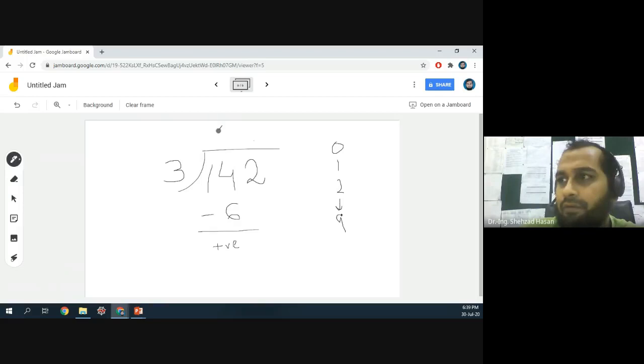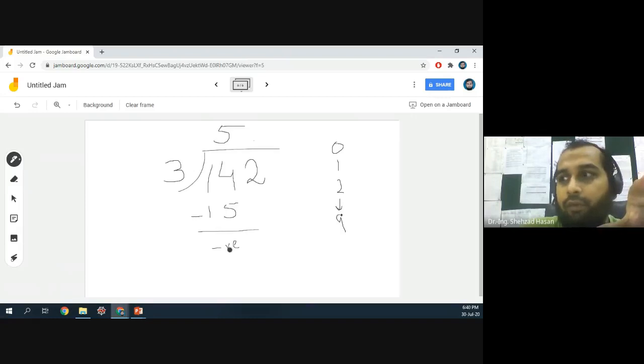So we are going to go to 5. If you go to 5, what we are going to get is 15 over here, and this is going to be negative. So at this point we would know that this operation has gone wrong.